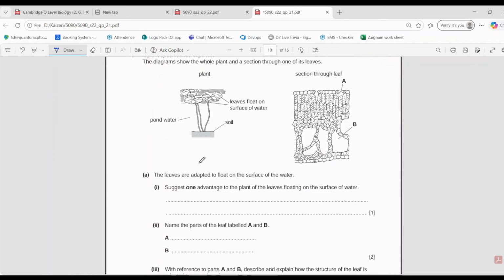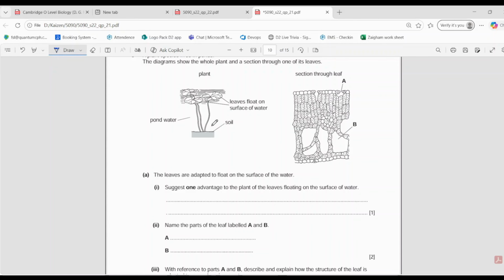Next part. A pond plant is given. Where are stomata present in the pond plants, in the hydrophytes? Upper, on the upper surface. Why are they present on the upper surface? Because they have a large supply of water, so they need to get rid of water through the upper epidermis.